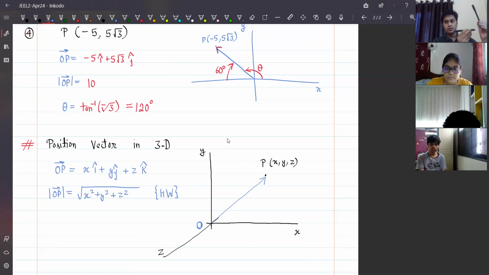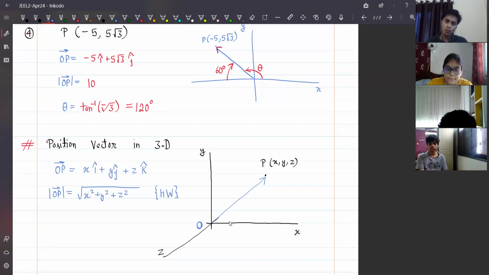So what we do is take the angle of the OP vector with the x-axis, and similarly the angle of the OP vector with the y-axis. Try to imagine it. And the angle of the OP vector with the z-axis. So here we get 3 angles.